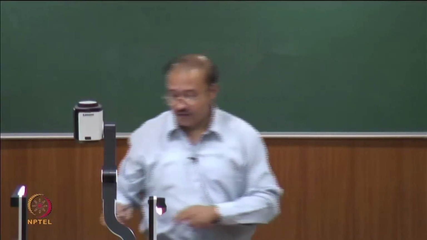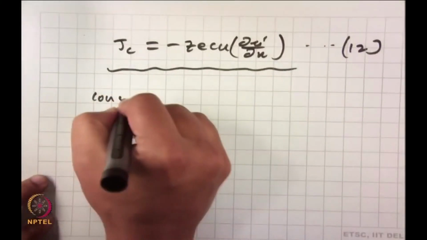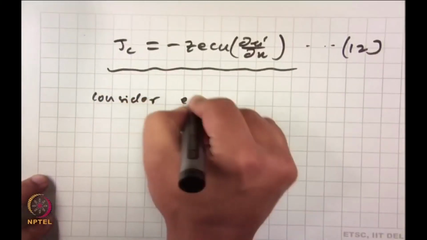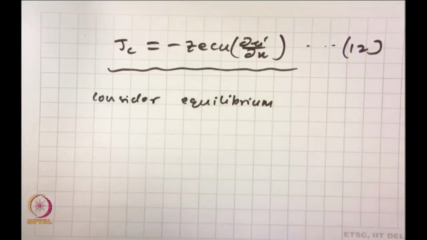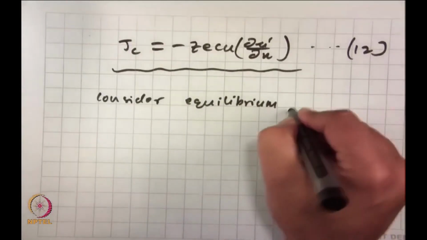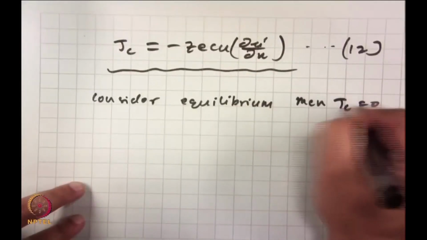If you are considering an equilibrium scenario, that means it has equilibrated with respect to both your chemical potential and your electrostatic potential. So, what will happen to the flux J c? It will be 0. So, consider equilibrium, then J c would be equal to 0.